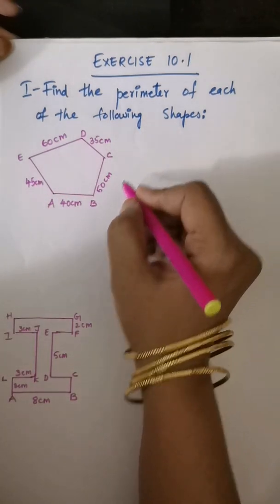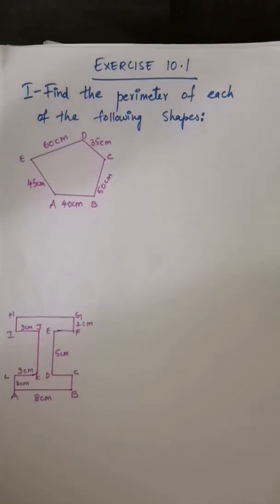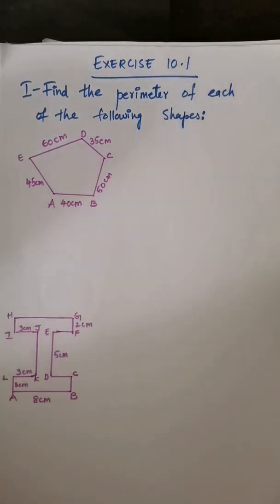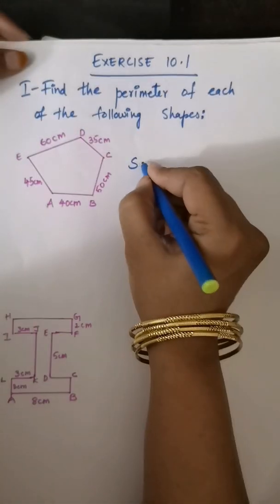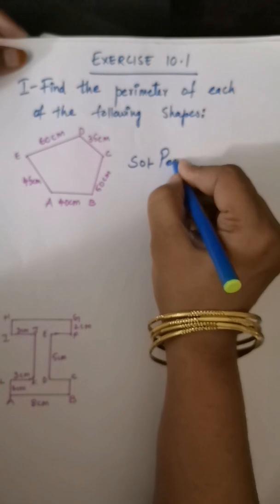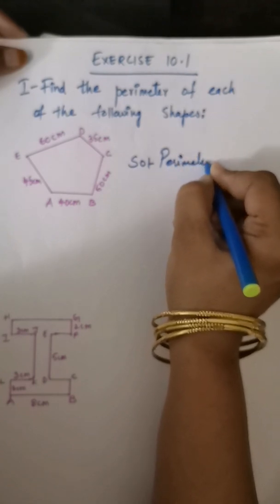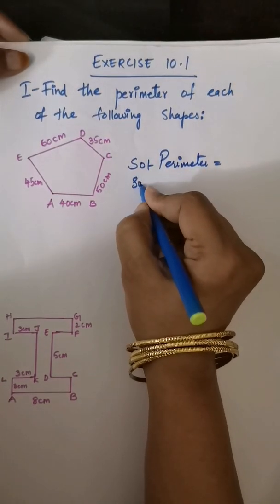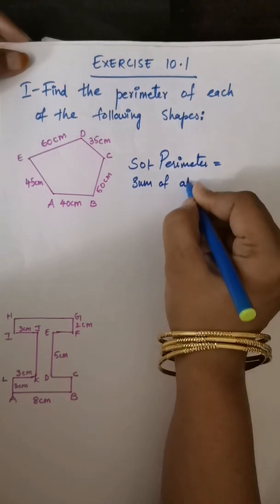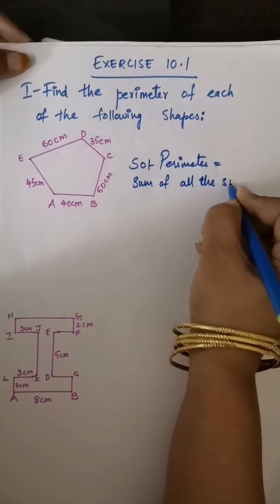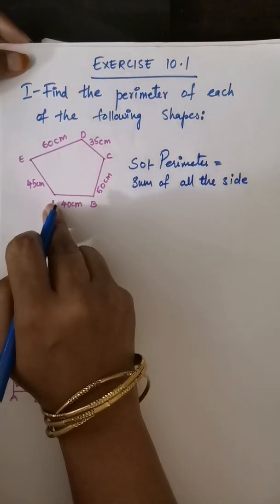You should remember that perimeter is equal to the sum of all sides. Perimeter is nothing but the sum of all the sides. Okay. Now I'll start from here.